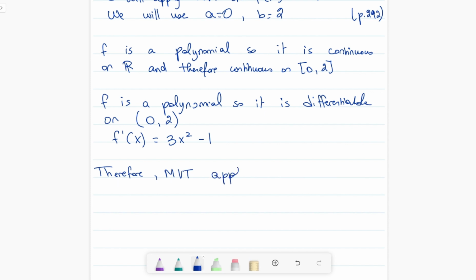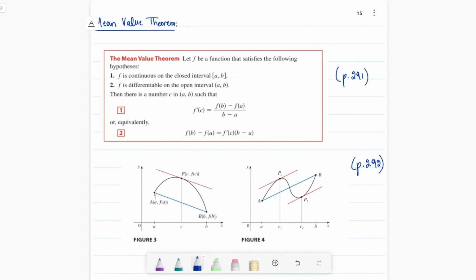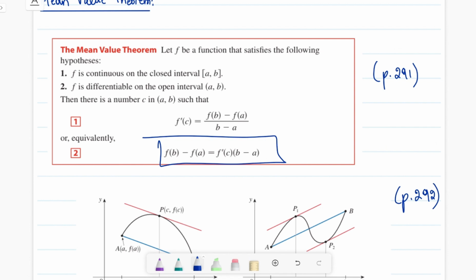So MVT applies, and we can conclude that there exists c in the open interval 0 to 2 such that, again, let's go back and look here. Let's use this form down here, which is simpler. f of b minus f of a is equal to f prime of c times b minus a.